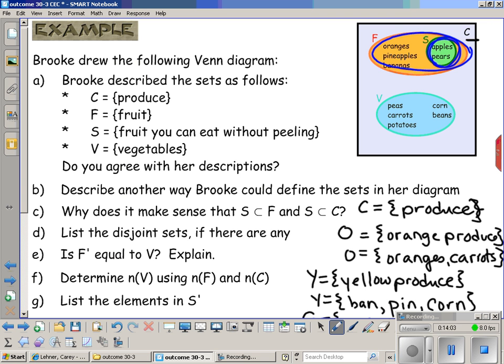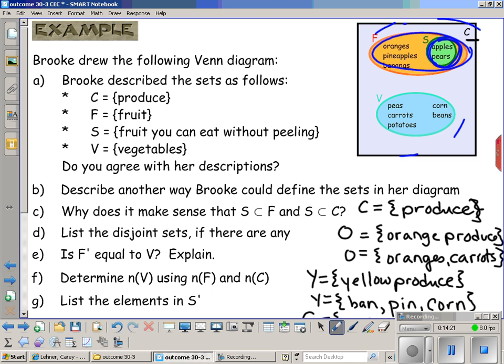And F is a subset of C. S is apples and pears. C is all of your produce. Apples and pears are produce. So it makes sense that they are subsets of the others.